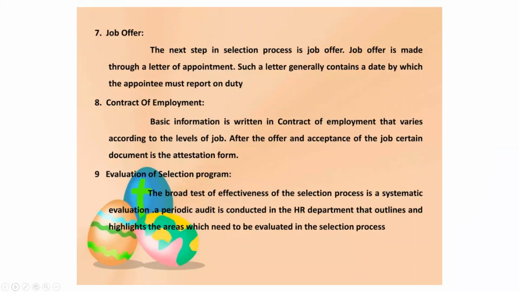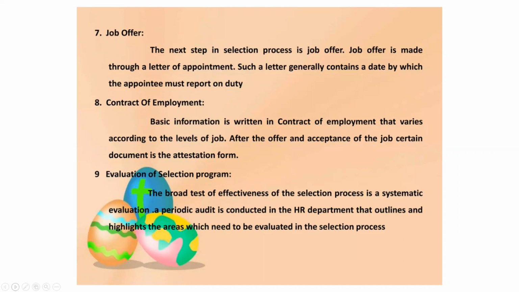Next is job offer and contract of employment. After the decision-making process, the candidate needs to accept the offer, which is known as the contract. The job offer is made through a letter of appointment. Such a letter generally contains a date by which the appointee must report on duty.